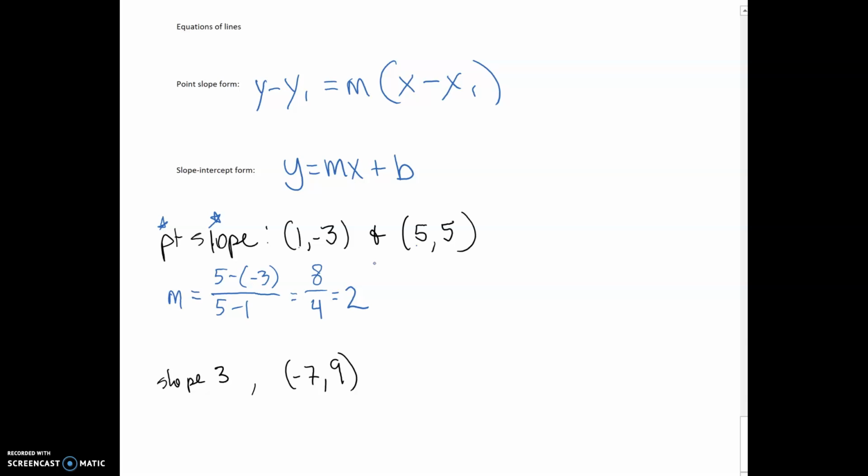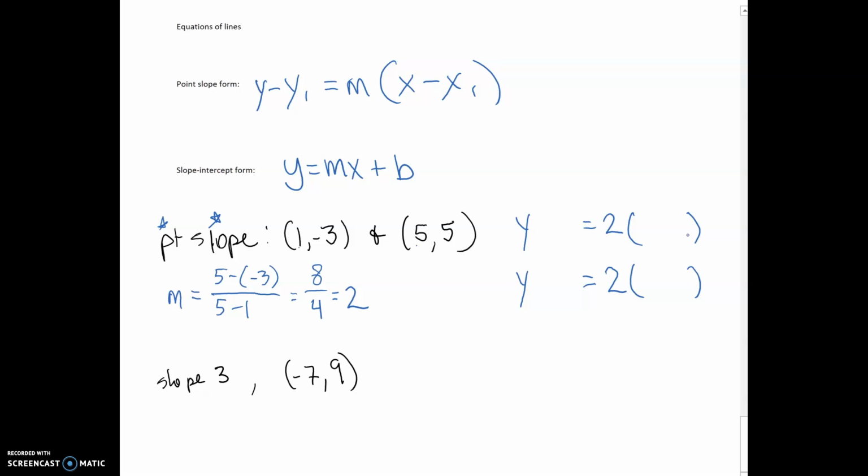Now, if we were doing this freehand, we'd have 2 possible answers that we could write. Y minus a y-coordinate equals our slope times the quantity x minus our x-coordinate. The one thing that they'll both agree on is the slope is 2, so that's going to go over here on the right in front of the parentheses.